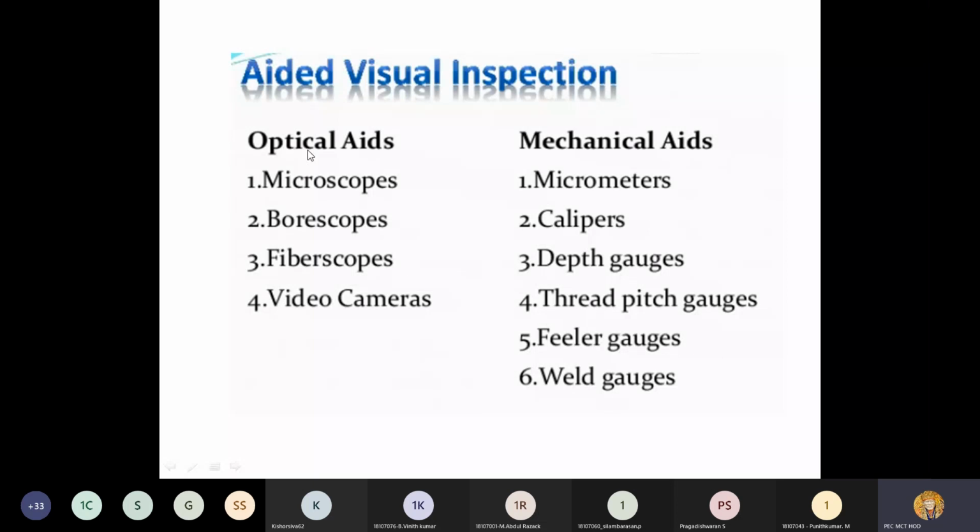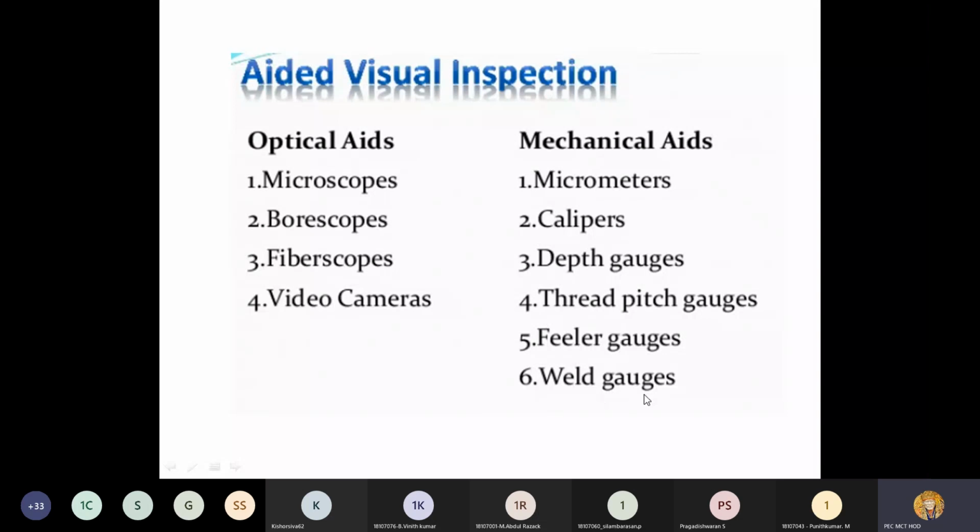What, on the other hand, is a mechanical aid? That means using mechanical equipment, mechanical instruments. For example, you know very well: vernier caliper, micrometer, depth gauge, screw gauge, feeler gauge, thread pitch gauge, weld gauge.